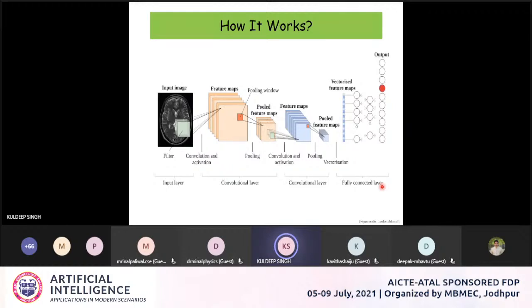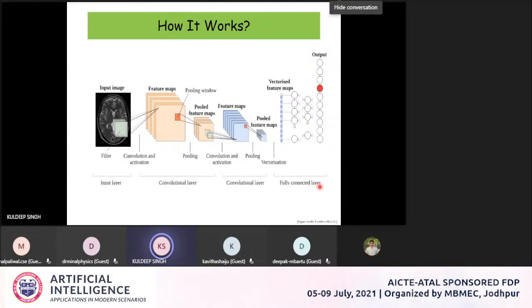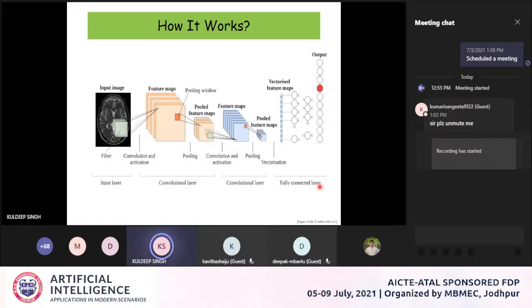It is connected with each and every node of the previous layer. Basically, the last fully connected layer provides the score or the prediction probability for each of the categories. Then we apply the softmax classifier and it assigns the particular class which has the highest probability.